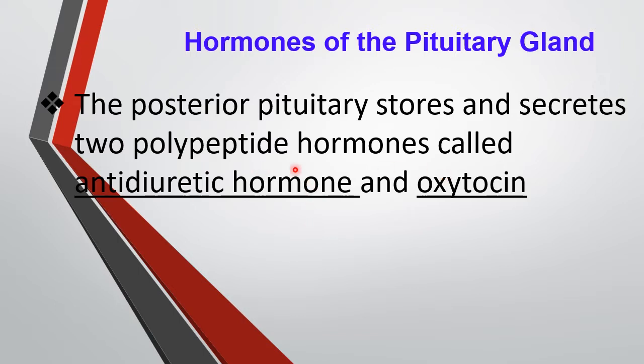Okay, but these two are coming and produced by the neurons of the hypothalamus. So once they are produced, they will be stored here, posterior pituitary. Then when needed, your posterior pituitary would have to release or secrete the two hormones. Compared to the anterior pituitary gland, which themselves produce the hormones.